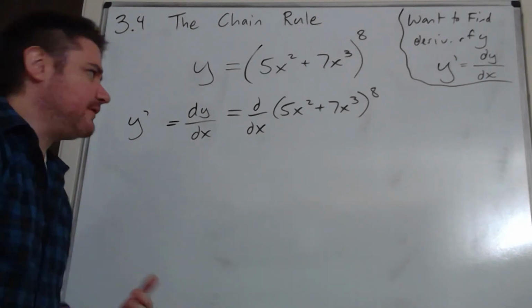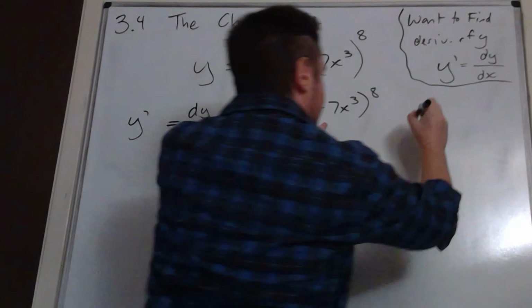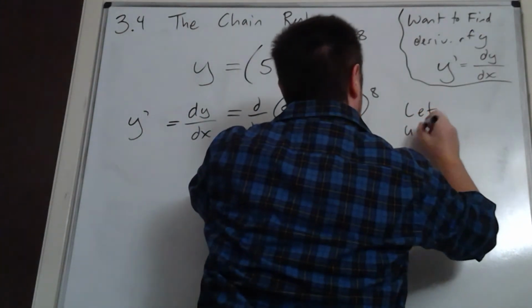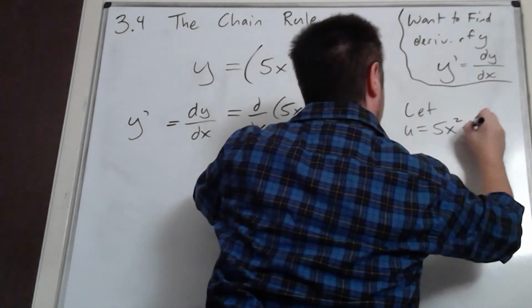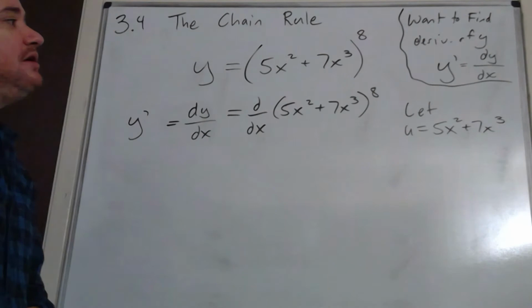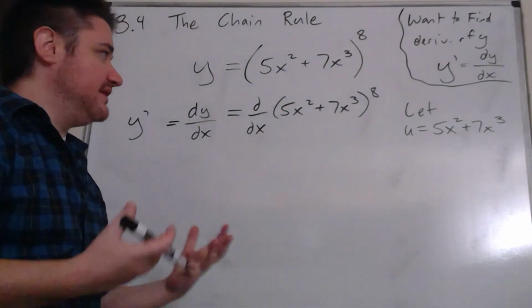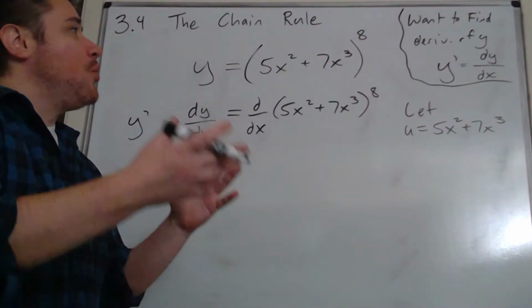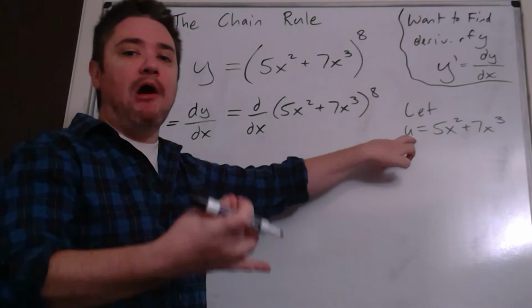Okay, let's take that a little bit further though, because this is where the u situation comes in. Let u equal that inside piece, 5x squared plus 7x cubed. Okay, that's the inside piece. I'm using the letter u as sort of an intermediary function. When we did the example earlier, we took the derivative of that, which I called u prime.